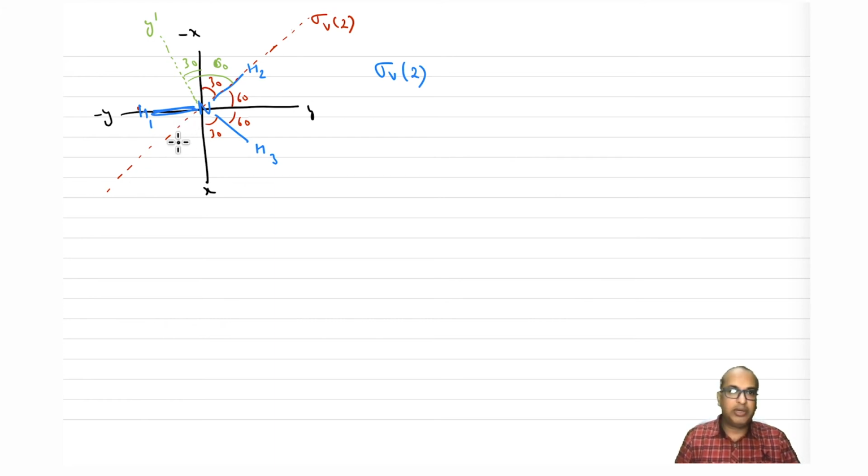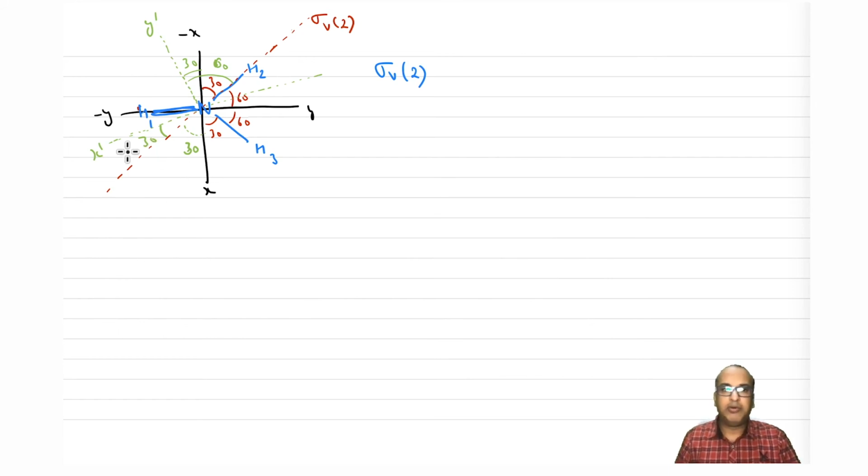Now what about the angle between sigma v2 and x? What will be that angle? This will be 30, and this x will be reflected into a new x prime. Let's call it x prime, and this angle will also be 30 degrees, right?